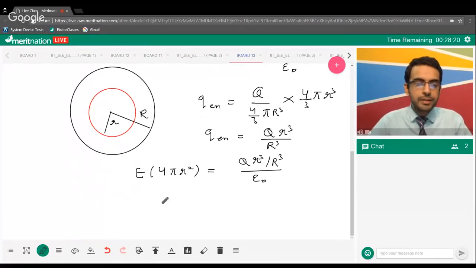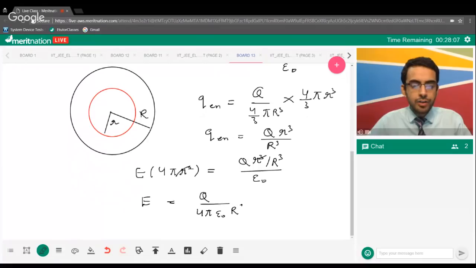Now we can cancel r square and r from here. So E is equal to Q upon 4 pi epsilon naught R cube multiplied by small r.